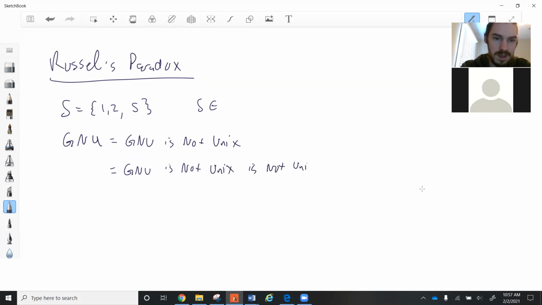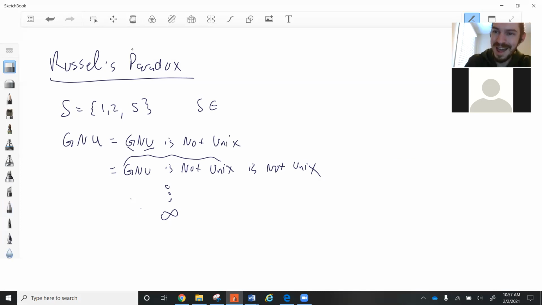If you expand this as a set, it expands into something that contains itself, and you get this infinite recursive thing that expands forever because it's self-referential. It's referring to itself. Does that make sense? Kind of weird, right? But that was allowed. And so you can have a set be an element of itself.